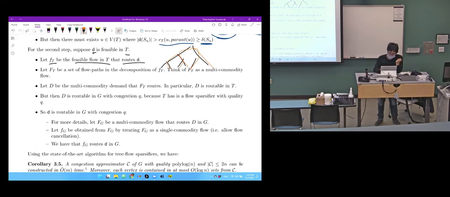But then you can decompose this flow into flow paths, right? Let capital F_T be the set of flow paths. After you decompose this flow F_T, you just get a bunch of flow paths. And you can think of this set of flow paths as a multi-commodity flow, where each path is one commodity for itself.